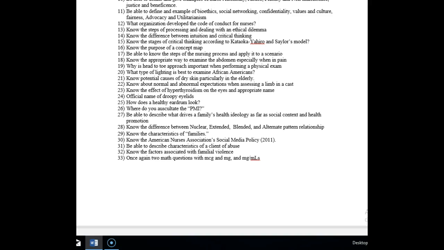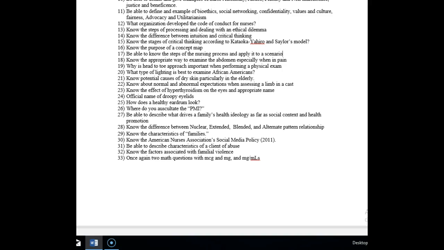Know the differences within that, know about family diversity. I want you to be able to take it a little bit further. Remember I told you guys there are certain characteristics of families.